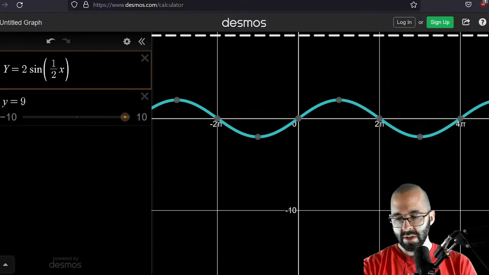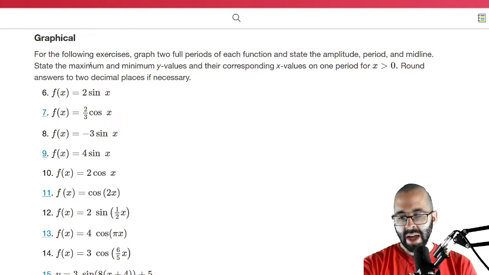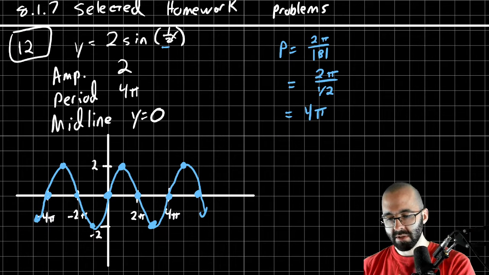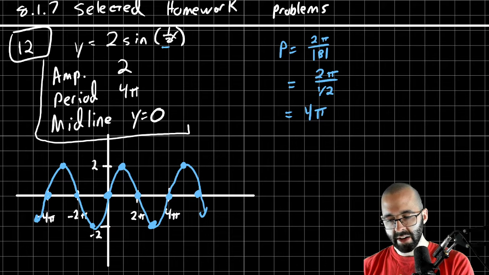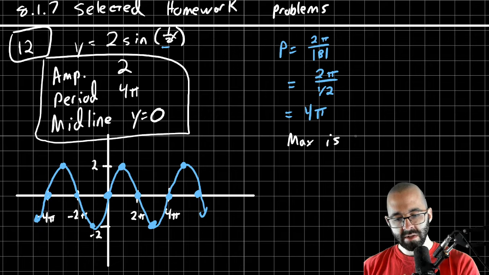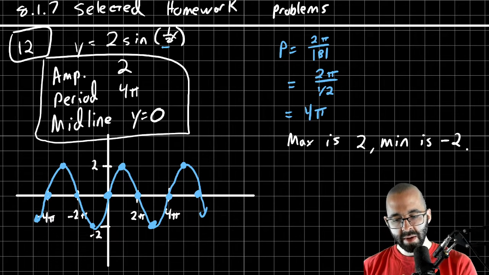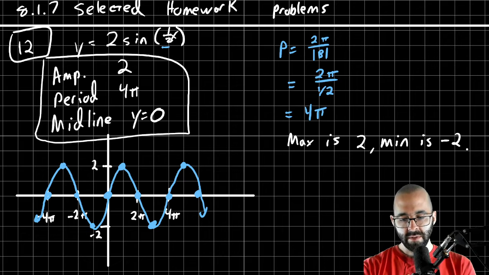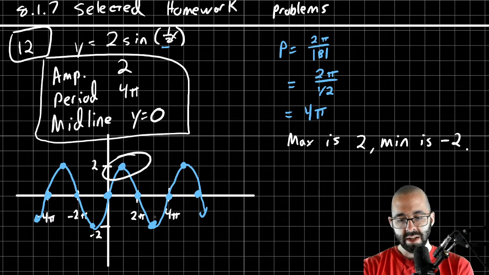So we also need to include the information, the maximum and minimum y values. This is part of our answer. The maximum y value is 2. The minimum is negative 2. Right? The highest we ever get is a y value of positive 2.